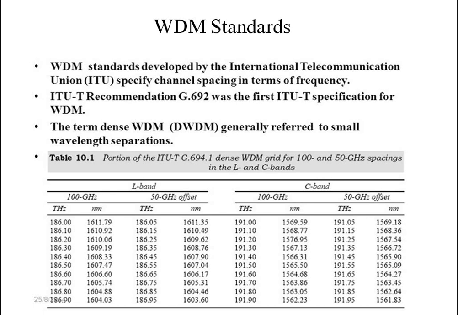So the recommendation G.692 was the first ITU-T specification for WDM.